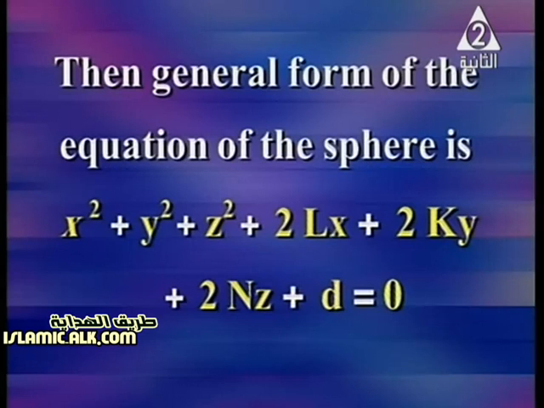Remember, last year we had the general form of the circle, x² + y² + 2lx + 2ky + d = 0. But the general form of the equation of the sphere is x² + y² + z² + 2lx + 2ky + 2nz + d = 0.